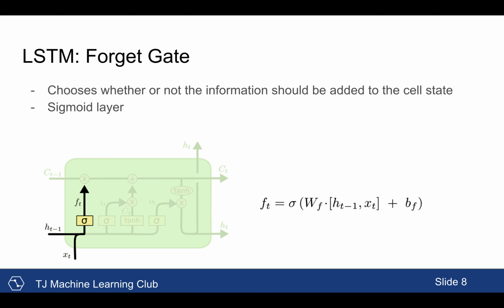This gate is a sigmoid layer that takes in h sub t minus 1 and x sub t. It does it by multiplying the forget gate output with the cell state. Therefore, if the forget gate has a value of 0, then it would essentially, quote-unquote, forget the information. And if it has values of 1, it would remember all of the information.